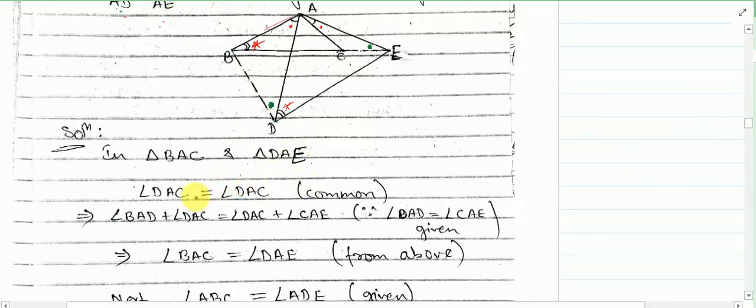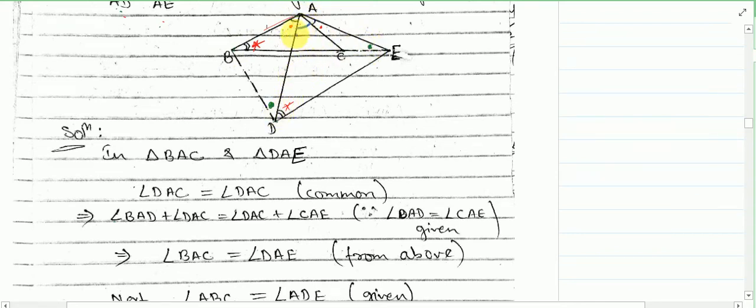Done. Now what you observe is this angle is common for both the triangles, for BAC and for DAE.